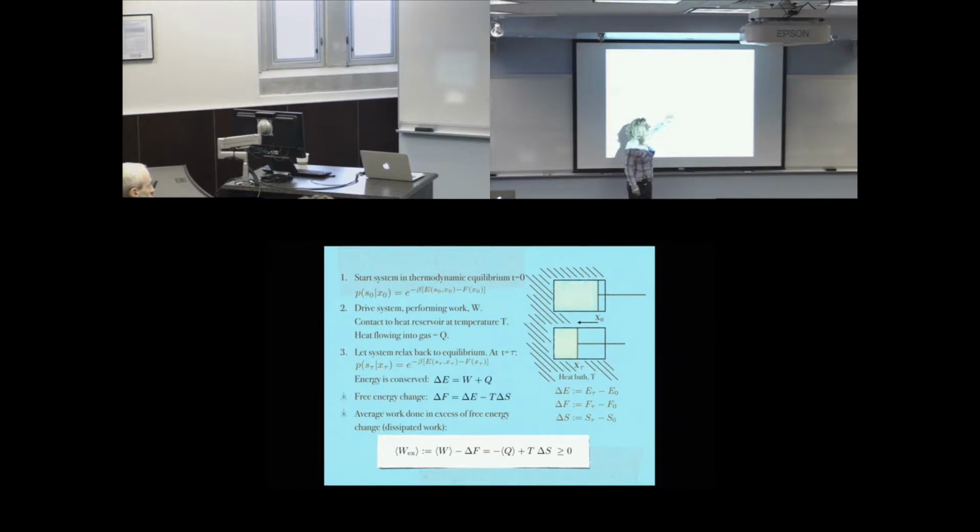So the convention is that quantities that go into the system have a positive sign. So this is kind of like the work that goes in minus the heat that goes out. Okay. So that has to be conserved. That's the total change in average energy. And so from that you get the free energy change, which is that minus the entropic change.